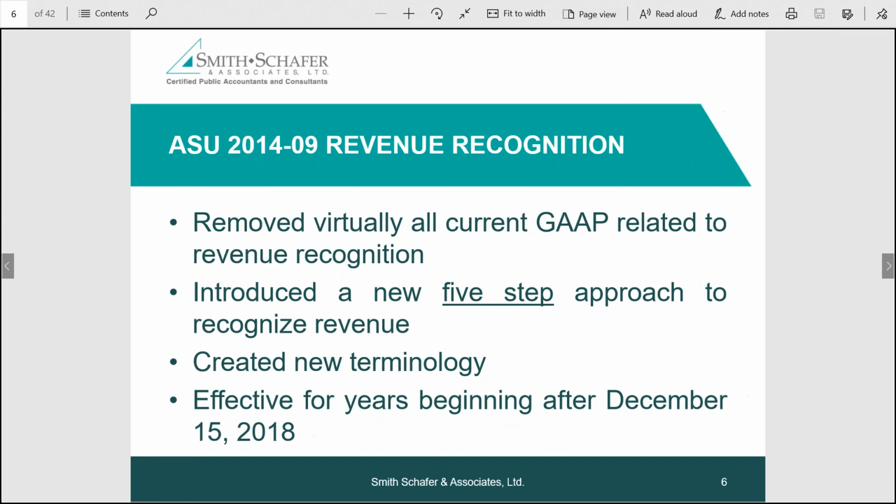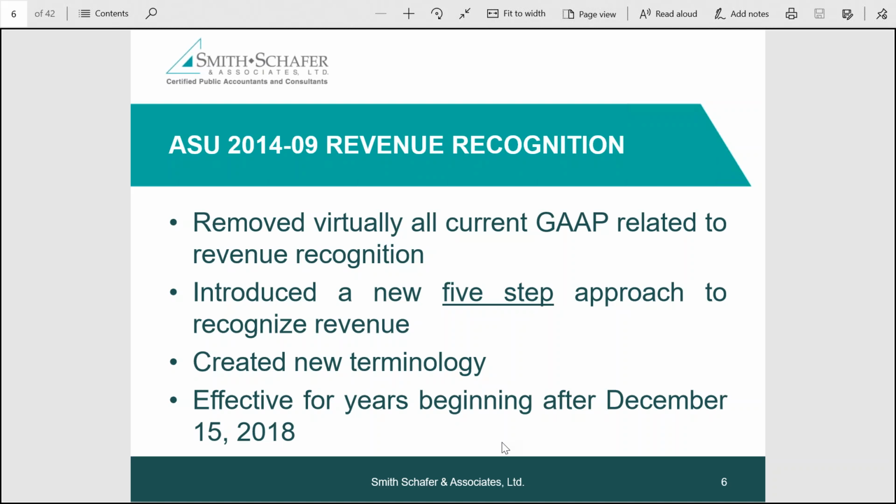With that, we will move right into ASU 2014-09, revenue recognition. Now, this standard is not specific to nonprofits. This standard is basically the revenue recognition for all industries, for-profit, nonprofit, everything in between. And what it did is remove virtually all current GAAP related to revenue recognition.